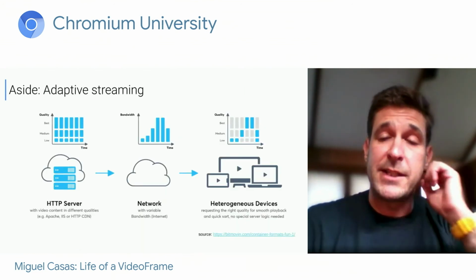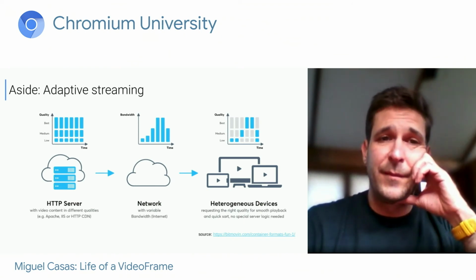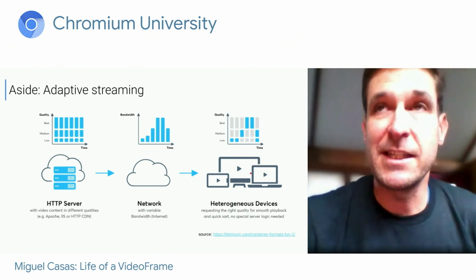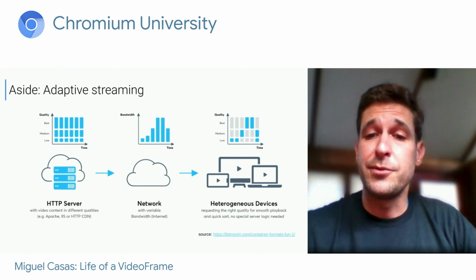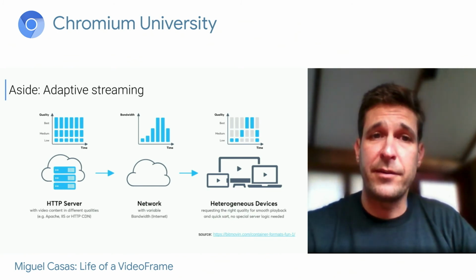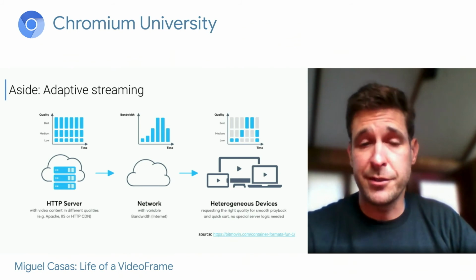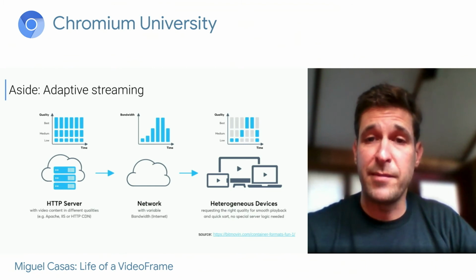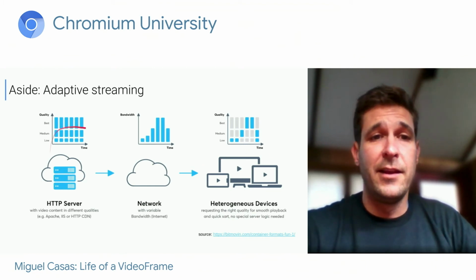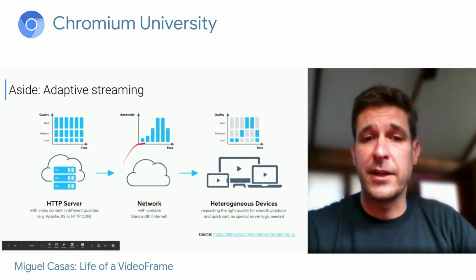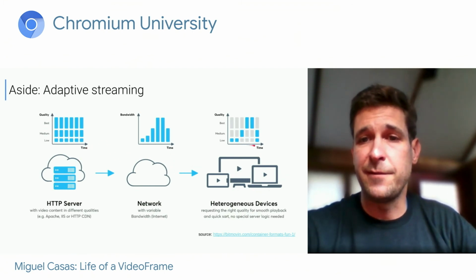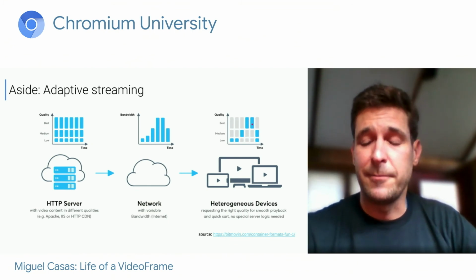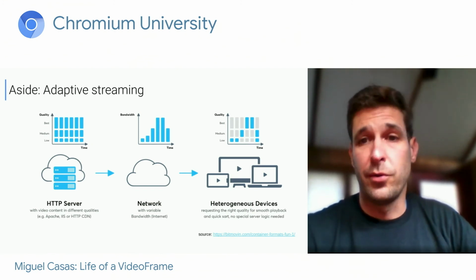A bit of an aside is, of course, adaptive streaming, which is a hot topic the last few years. Instead of serving a single resolution to the users, adaptive bitrate is a technology implemented in browsers extensively that monitors the buffer health and the playback health, so that the head of the network server can serve to these heterogeneous devices, at different moments in time, either low, medium, or really great quality, typically by increasing the resolution or the frame rate or both.